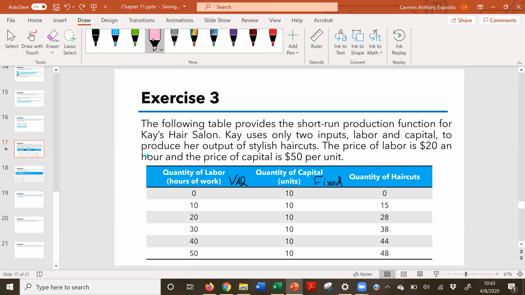So the price of labor is $20 an hour. And the price of capital is $50 per unit. So given this, we can come up with our cost for each of these things. So take this thing here and multiply by 20, and you'll get the following numbers.